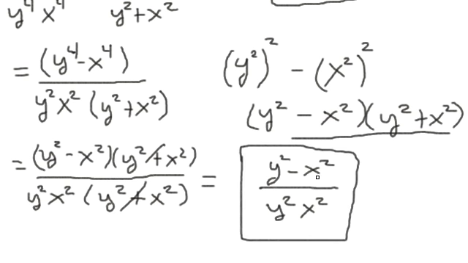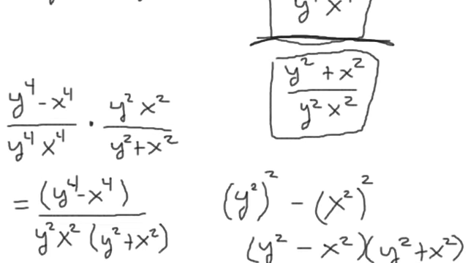And of course, see this is the difference of 2 squares, but that's not going to help us out. So this is it. All of that nutty stuff up here all reduced down.